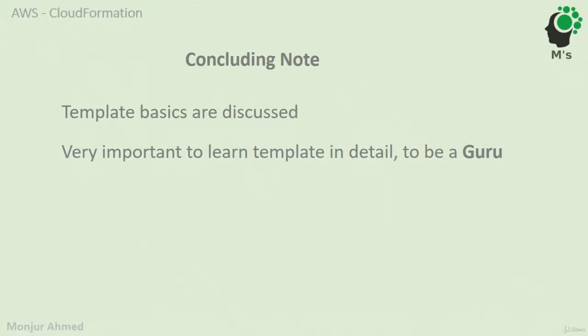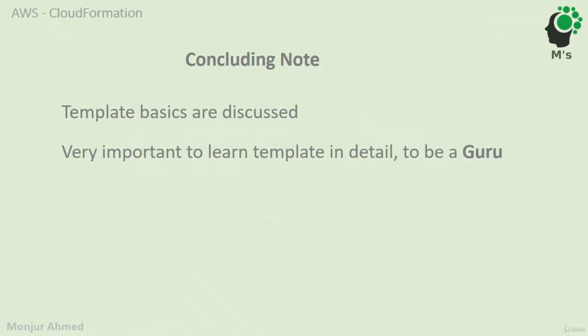However, as I discussed earlier, the best place to find the fully explained and total reference is the AWS website. If you go there and search for CloudFormation user guide, you will find everything about CloudFormation and everything about templates.